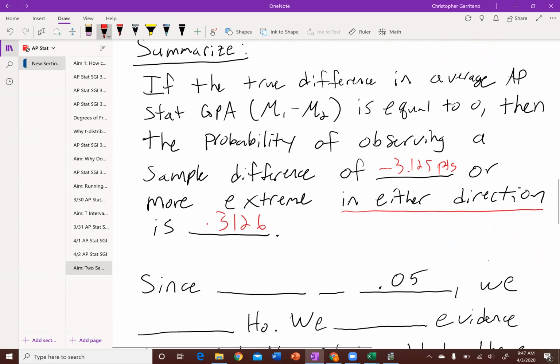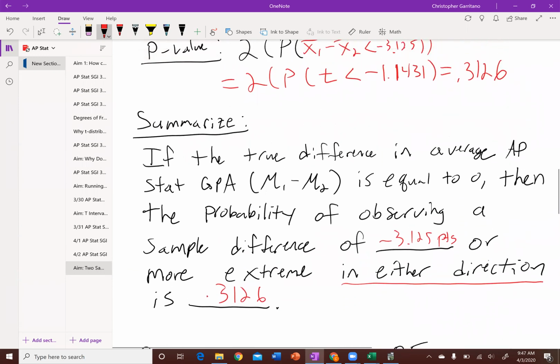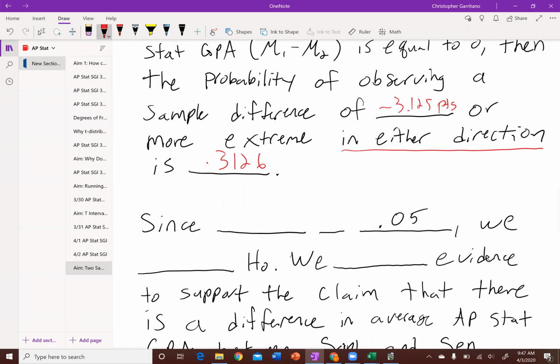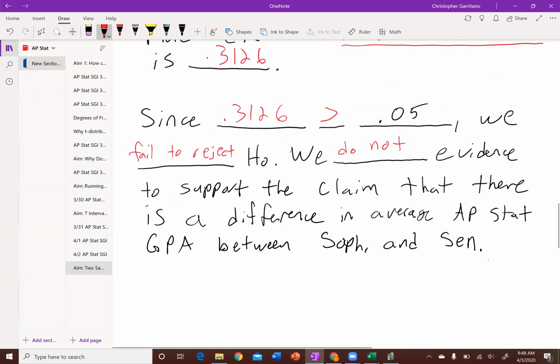All right, moving forward, now let's make our decision. Since p-value, which is 0.3126, is greater than our alpha value of 0.05, we, in this case, fail to reject H null. We do not have evidence to support the claim that there is a difference in average AP stat GPA between sophomores and seniors.